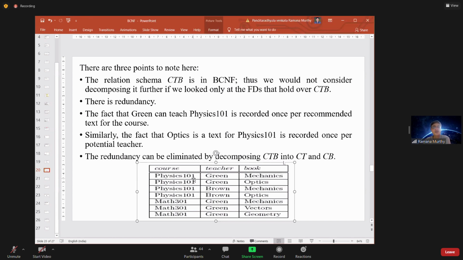For example, for physics and green, you do not have a single book, you have multiple books. Even for the combination of course and book, you get multiple teachers. For any combination, we get multiple values, and you are unable to identify the functional dependency.